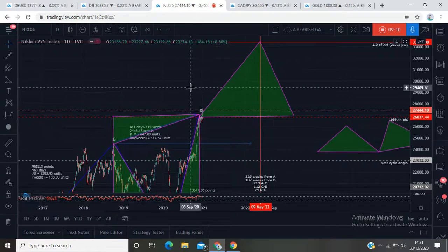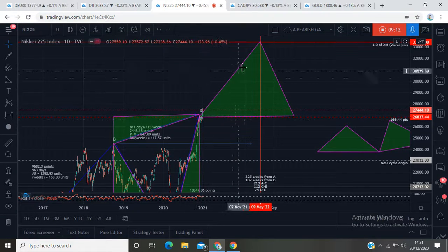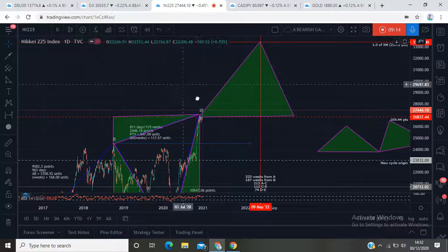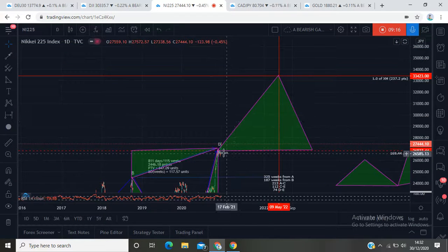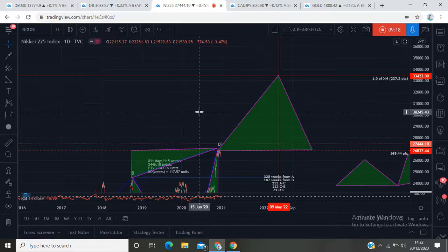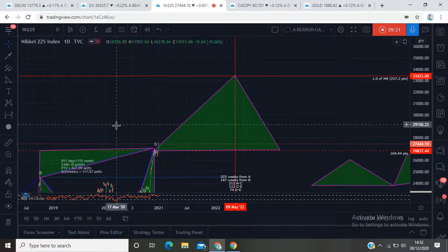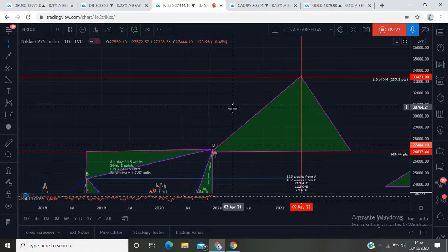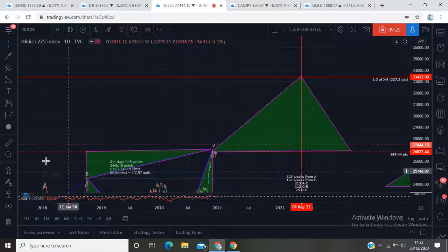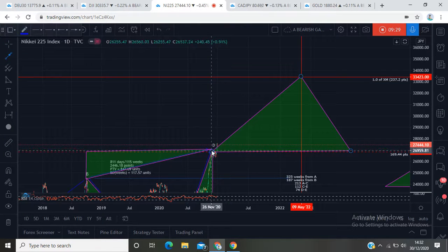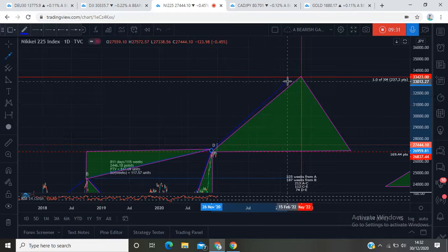So that means the first side of that second triangle is what we have to be looking for now. And that side, we can conveniently project this way.